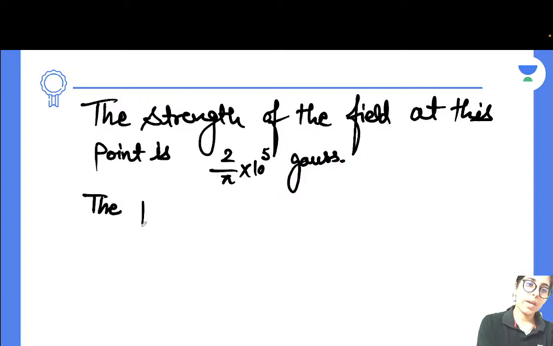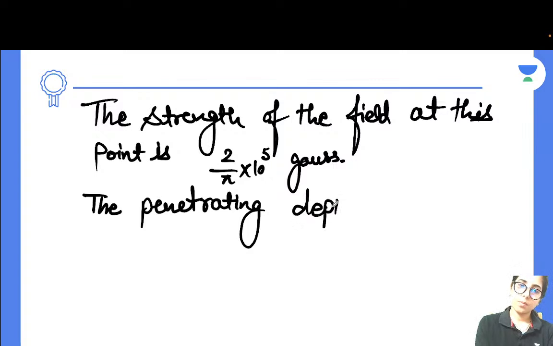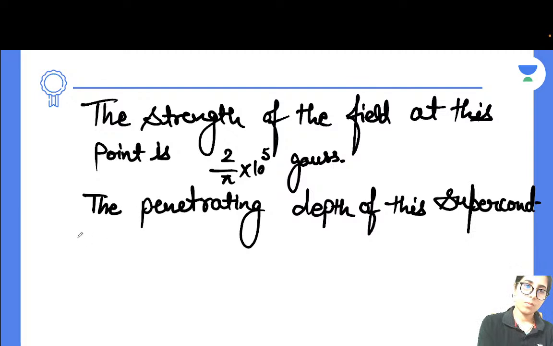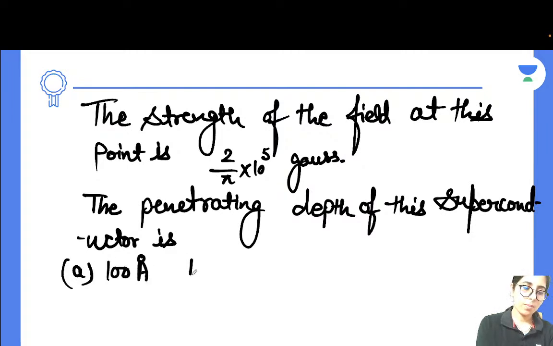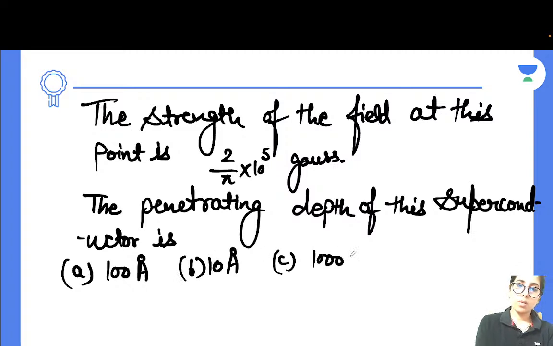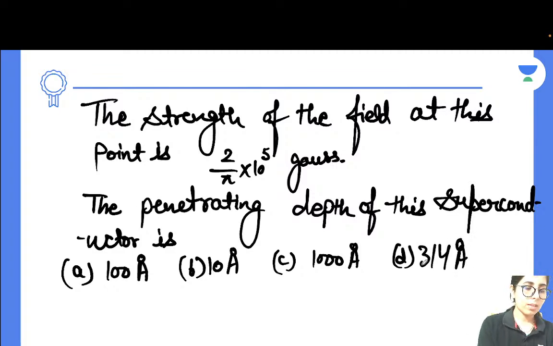Now you have to find the penetrating depth of this superconductor. Options are 100 angstrom, 10 angstrom, 1000 angstrom, or option D says 314 angstrom. Just try it now and let me know whatever you think is the correct option.